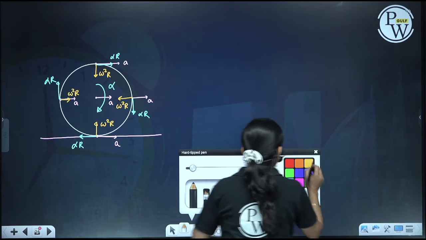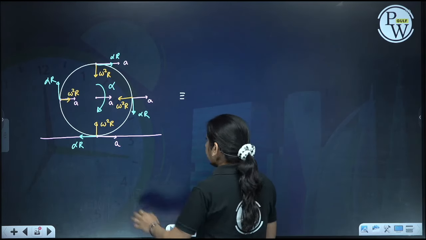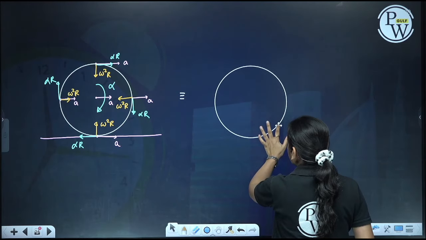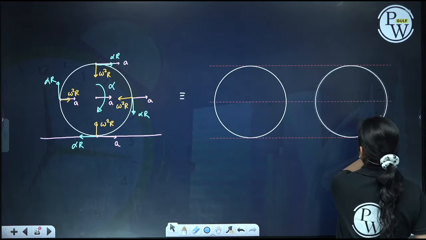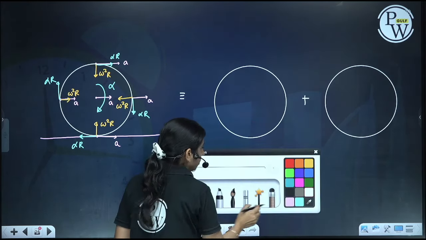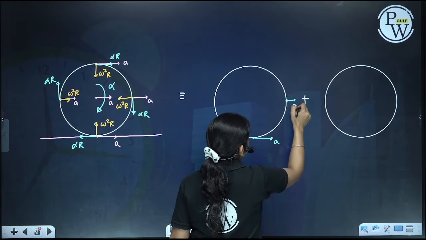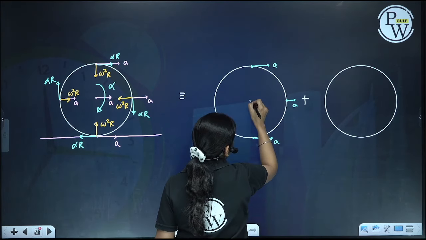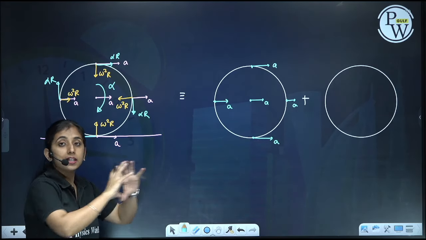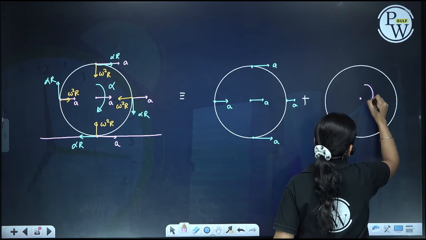Now we can define this motion also as a combination of these two motions, translation plus rotation. Now draw the translational part. Every point will have the same acceleration a in the forward direction. Now let us draw the angular acceleration part.